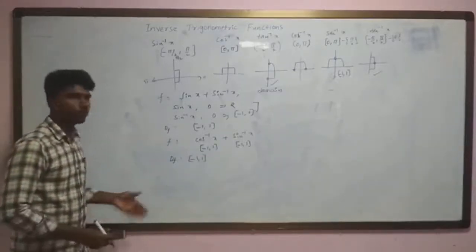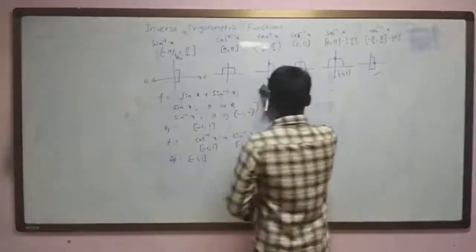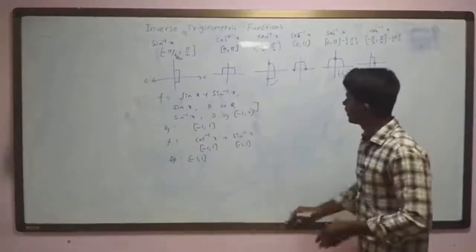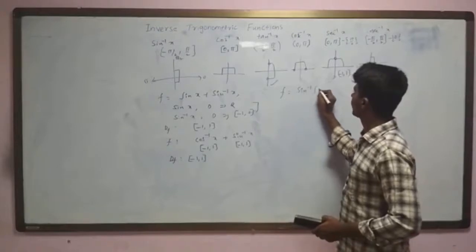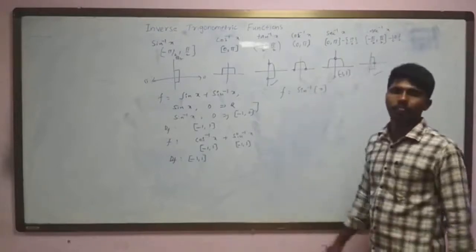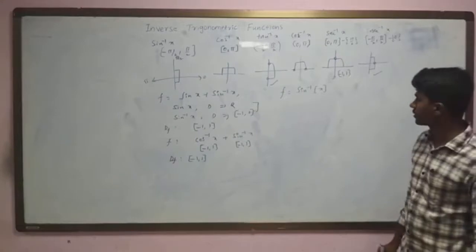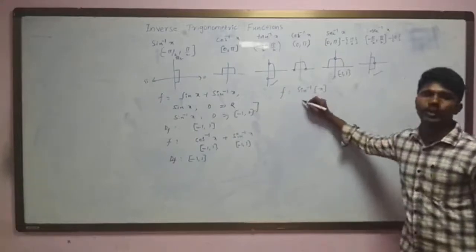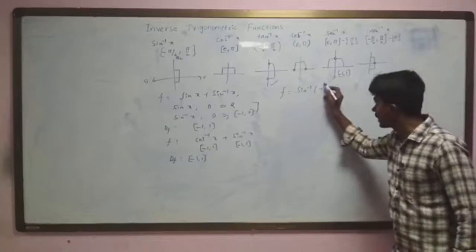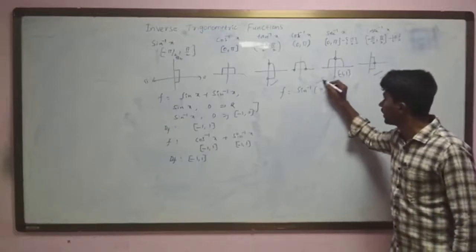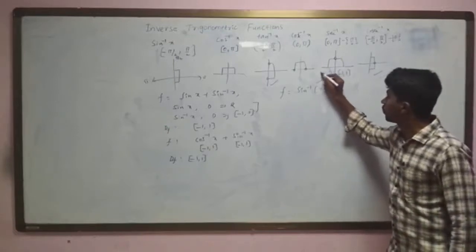So likewise, we have to find out. One more question. If I consider the function as sin inverse of step x, find domain and range. So for domain, this particular thing lies in between -1 and 1.